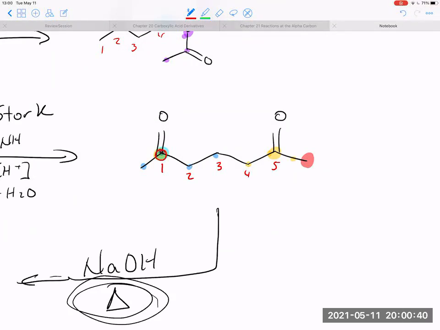But these two carbonyl carbons are not forming a new bond with one another. They're both electrophiles. So the real spacing that matters is the distance between your electrophile, which is going to be one of these carbonyl carbons, and the nucleophile, which is going to be an alpha carbon. That's either this carbon here or this carbon here. So you're either going to get a 4-membered ring or a 6-membered ring.